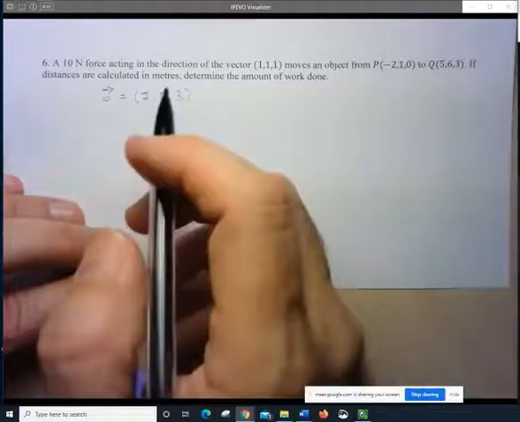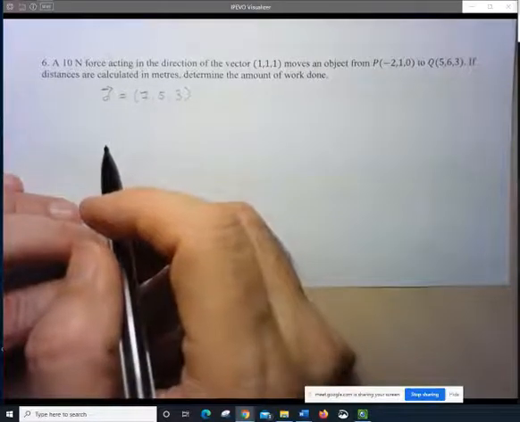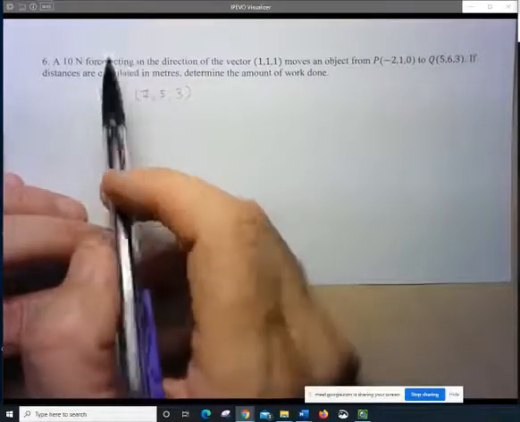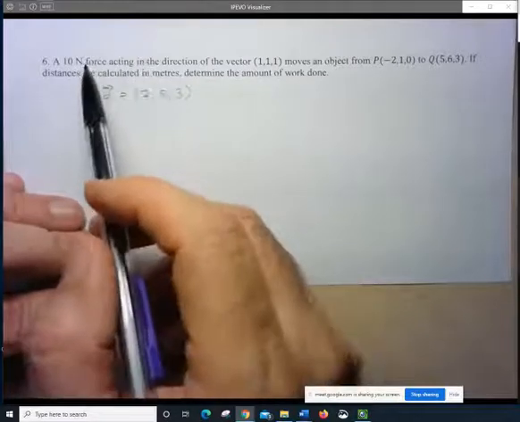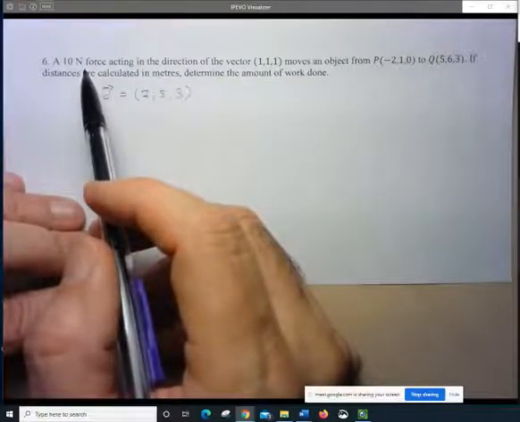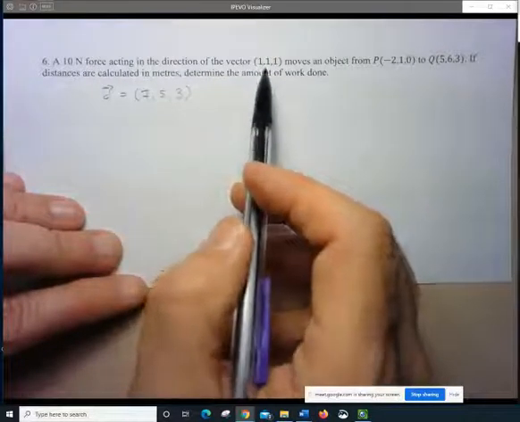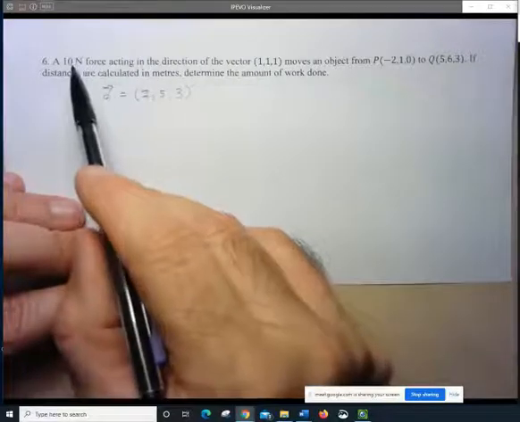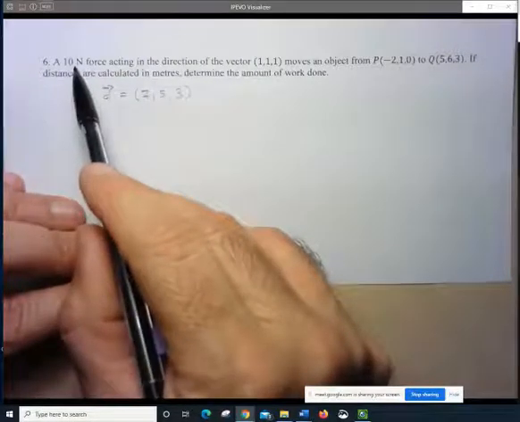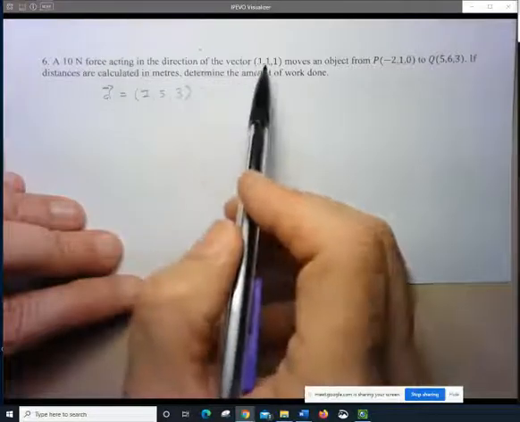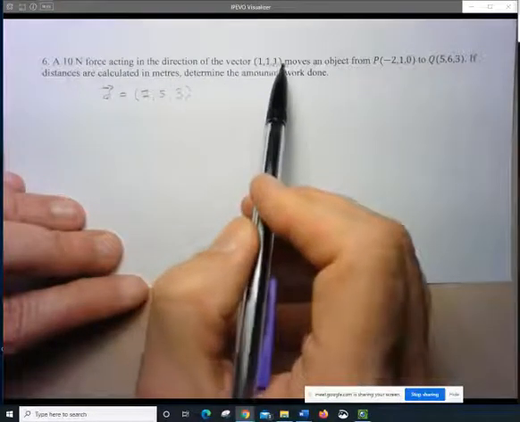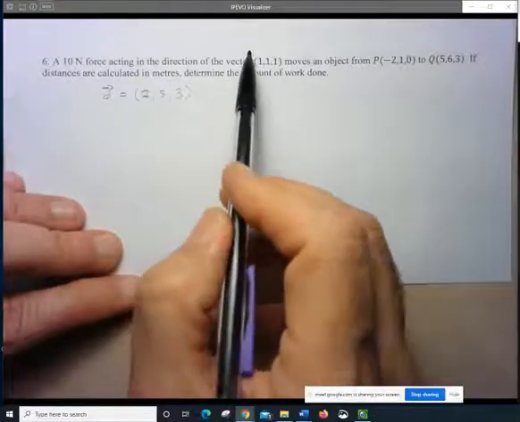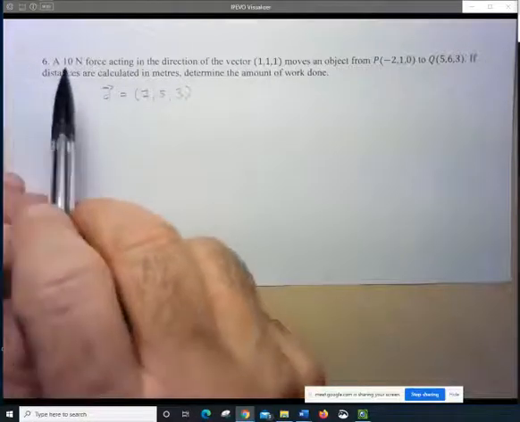It's the force vector where we have to do a little bit of work. Now you could certainly solve an equation to find the vector that's in the direction of 1, 1, 1 and has a magnitude of 10 newtons. We can see very easily that this vector that gives us the direction does not have a magnitude of 10 newtons.